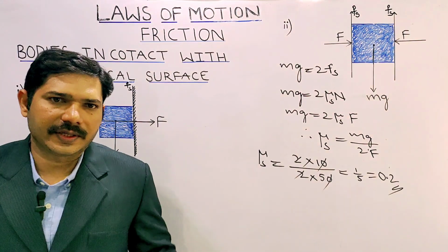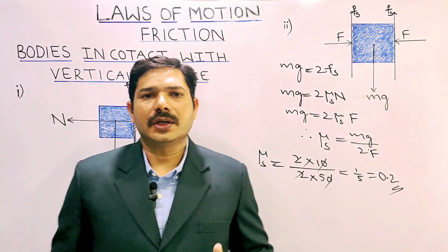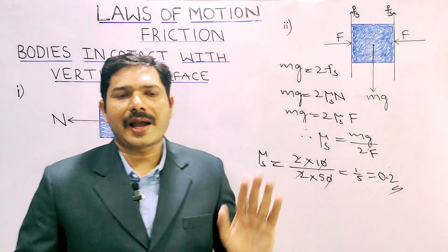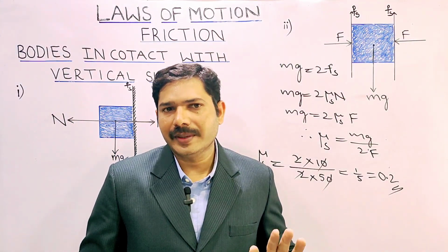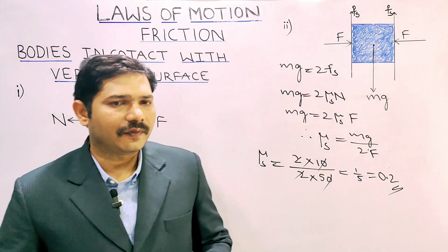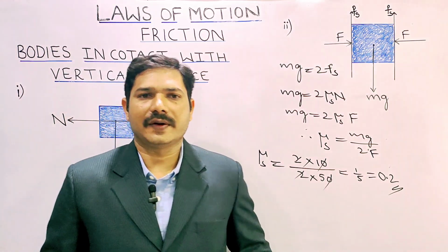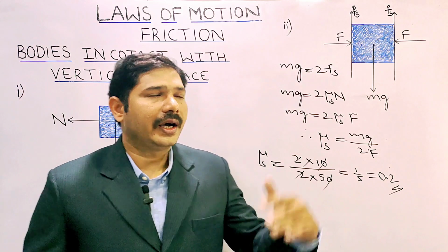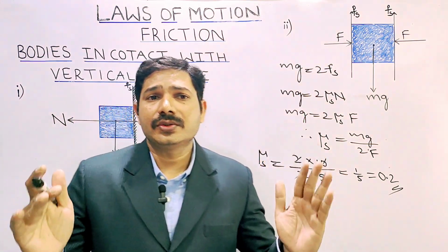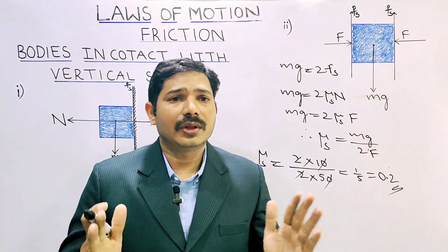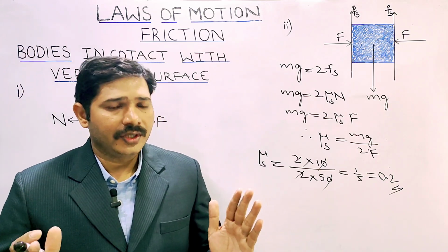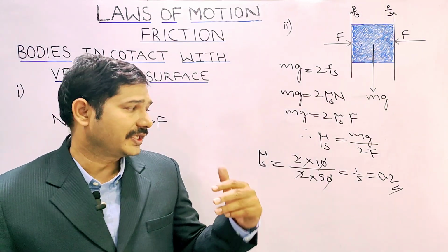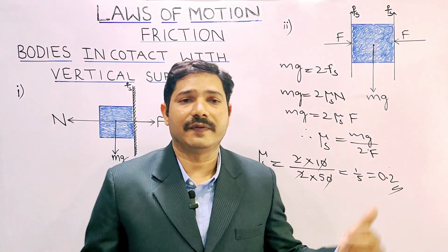The two cases we observed before. With pressing by one hand, for equilibrium purpose, what amount of force is required, or how much coefficient of friction we required. And two cases with two hands to hold the body without slipping, that also we observed, how much force or how much coefficient of friction is required.